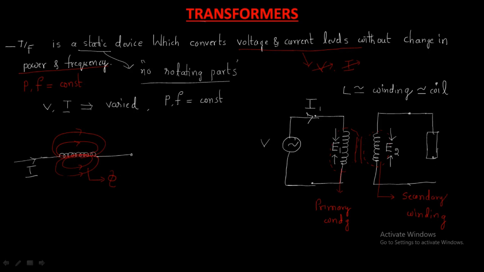The secondary is connected to a load. We have a voltage here, and some load here. Automatically the power will be supplied from this voltage source to the load, so the current will flow into the load. That current is known as I2.